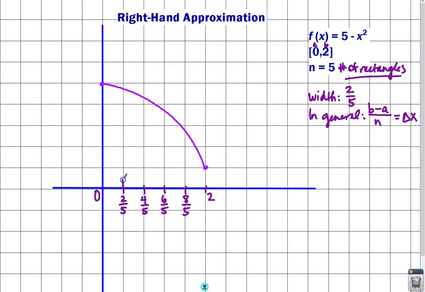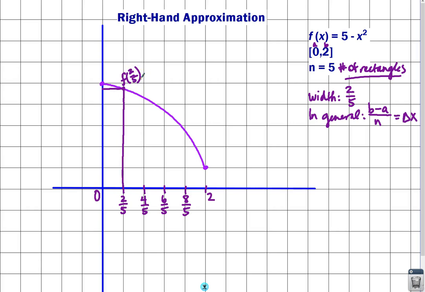So the height of my rectangle is going to go to the y value, or f of 2 fifths. Okay, so I'm going to draw this back here. There you go. I've got my rectangle. Okay, the base is 2 fifths. We know that. The height is going to be f of 2 fifths.